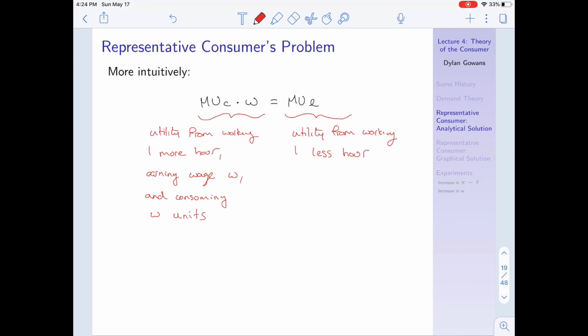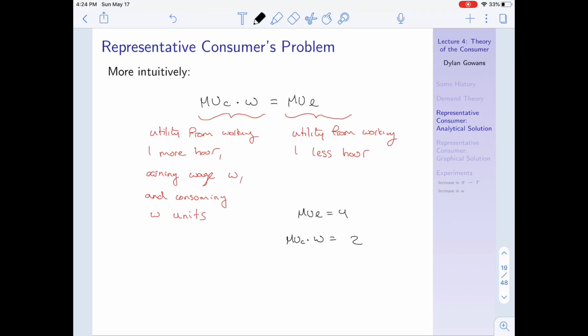And these now have to be equal for the same reason as what we saw before in the general case. Imagine they weren't equal. Imagine that instead the marginal utility of leisure is equal to 4, and the left-hand side is equal to 2.